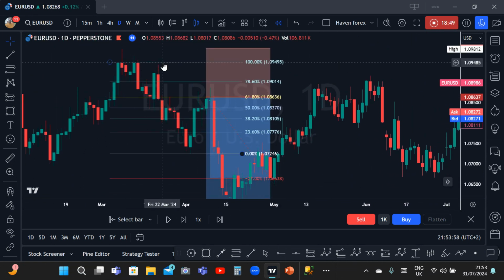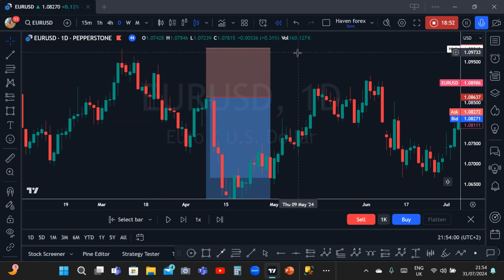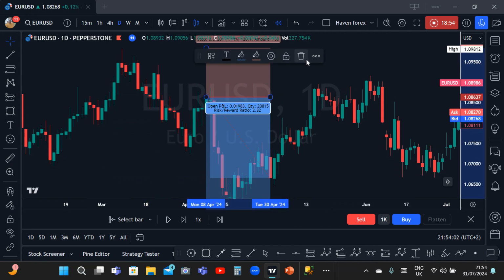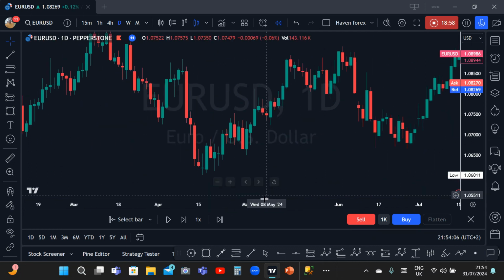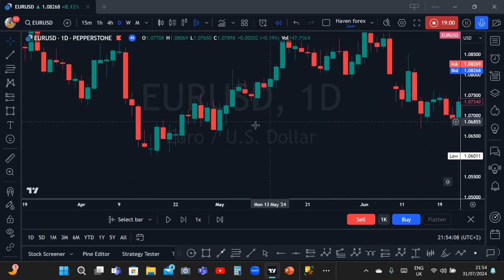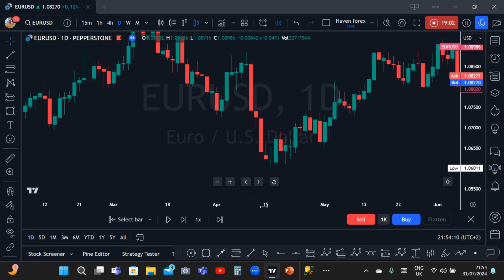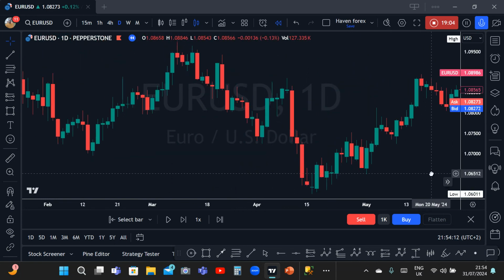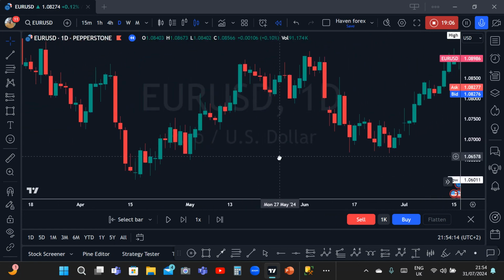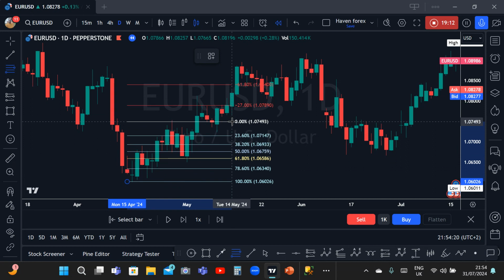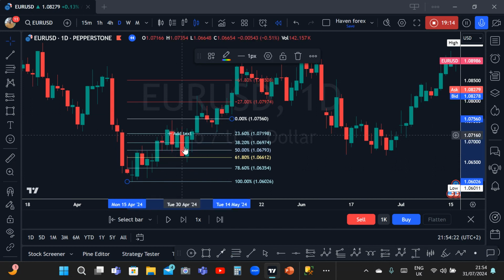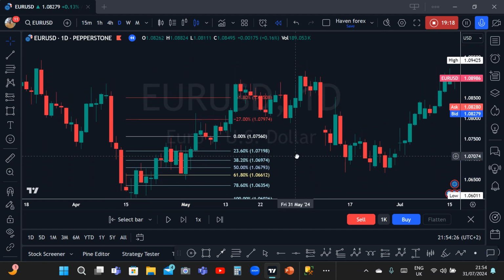And another way is that when price action is trending up, what you need to do is bring your fib like this, and come down. This is where there is a retracement, a little retracement.